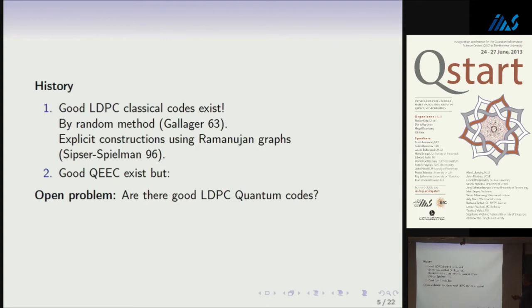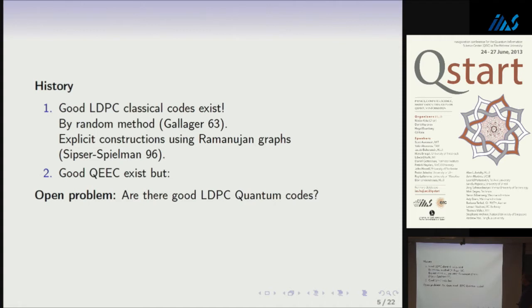And then there was a real breakthrough in '96 by the work of Sipser and Spielman, who used Ramanujan graphs to construct explicit constructions of good LDPC classical codes. So, okay, so that's the classical.